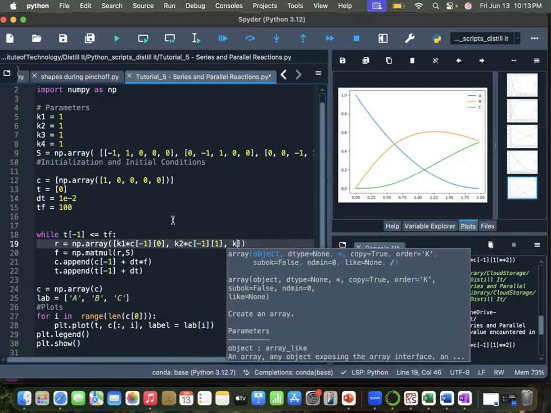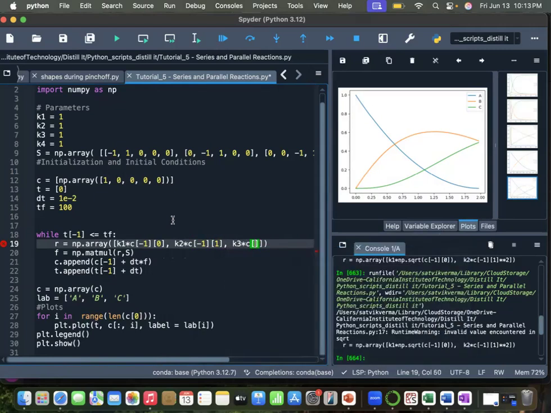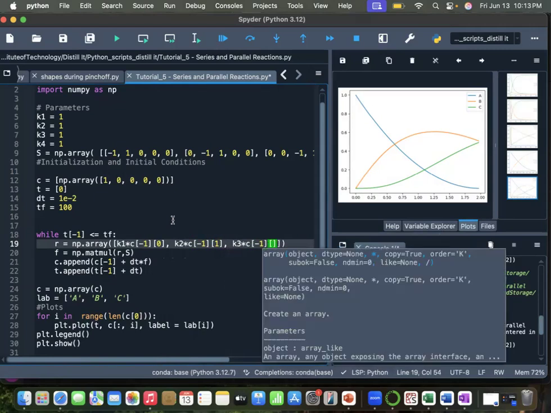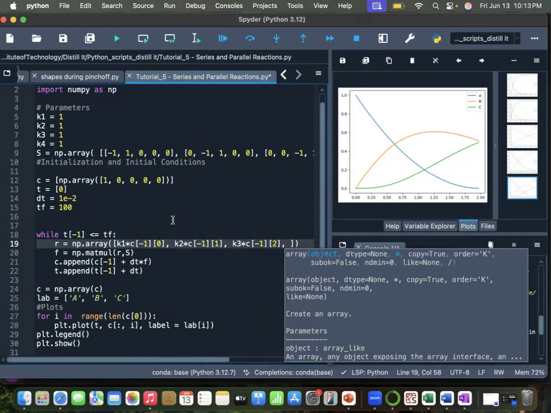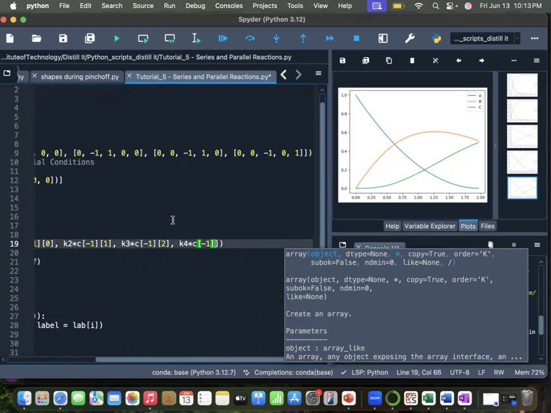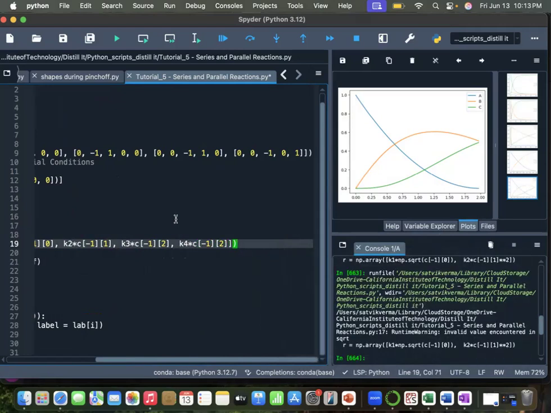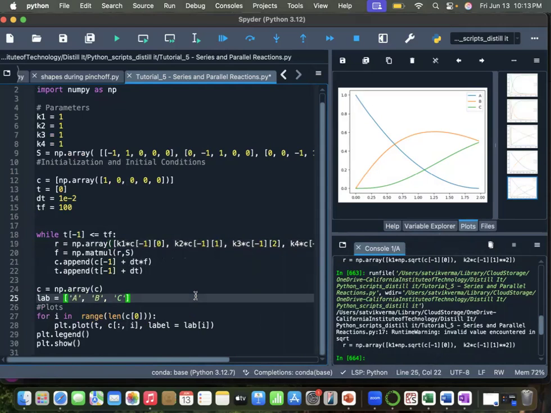Then the third is K3 into Cc, which is C[-1, 2]. And the fourth is K4 into Cc, and that is, once again, C[-1, 2]. Right? So that's the rate array, and we are done. And we don't have to make any other changes.